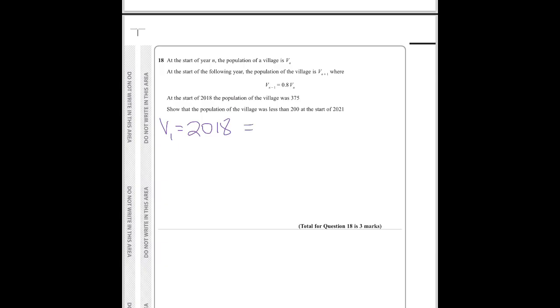In 2018, the population was 375. Now, what this formula means is if you want to work out n+1, the next year along, you take the previous year and times it by 0.8. So this is 2019, and it means we take the previous year, 375, and multiply it by 0.8. Quite straightforward. It's going to be 300.